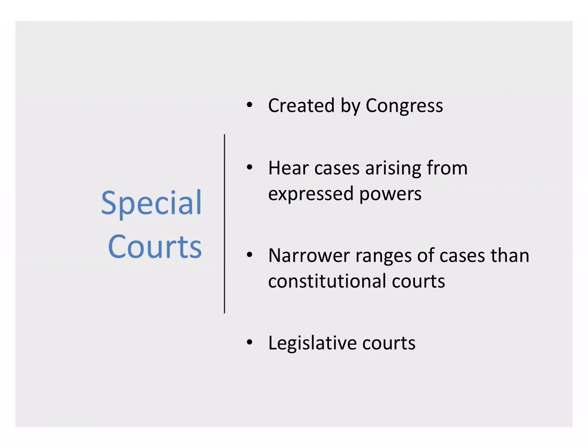There needs to be a tax court because there are cases that deal with taxes. All right. And obviously they have a narrower range of cases than the other courts. They're specific to their topic, but there are just hundreds of thousands of cases. So sometimes these are called legislative courts because they're created by Congress.